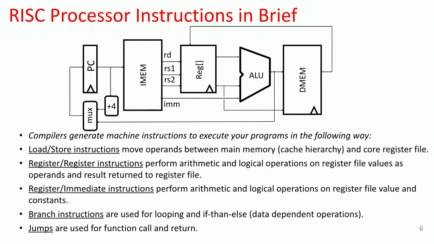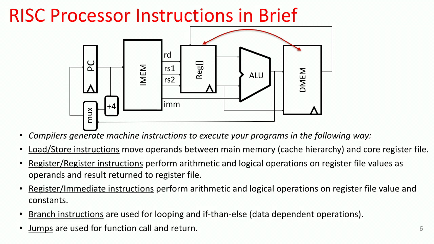So the principle behind RISC is that the compiler is going to take your program, your C program, your Python program, your Java program, whatever it is, and convert it into a sequence of machine instructions. And these machine instructions come in various classes on RISC processors, and they have particular function. There's the load and store instructions, and these are used for moving operands or data between the data memory and the register file.